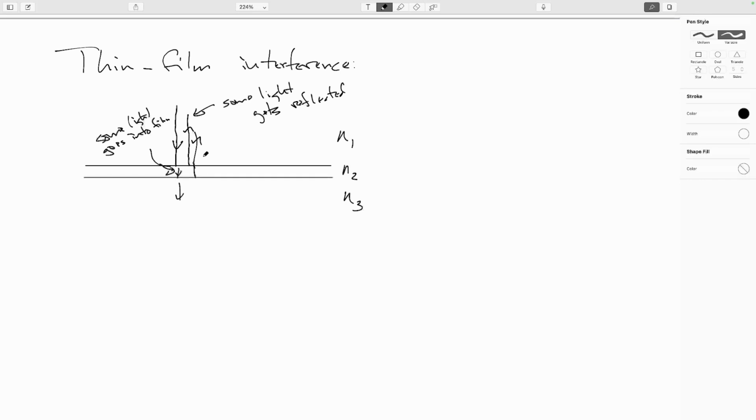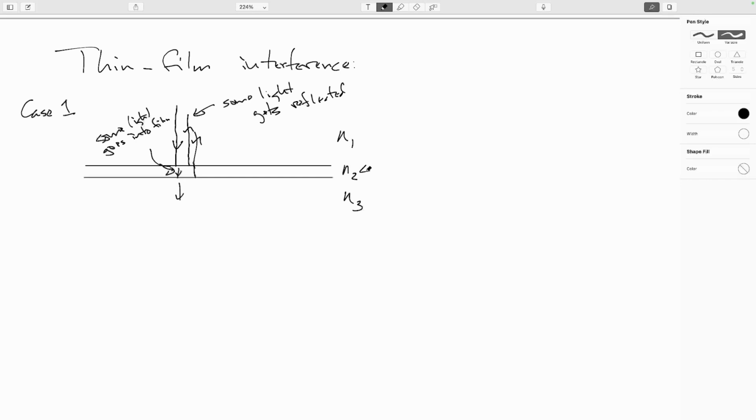So, let's figure out how we can get constructive or destructive interference here. We'll call this case 1. And with case 1, we have two possibilities.